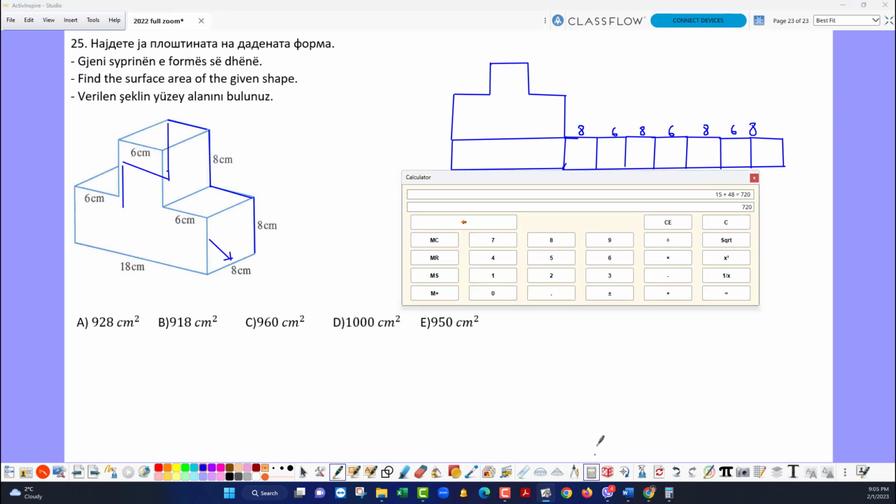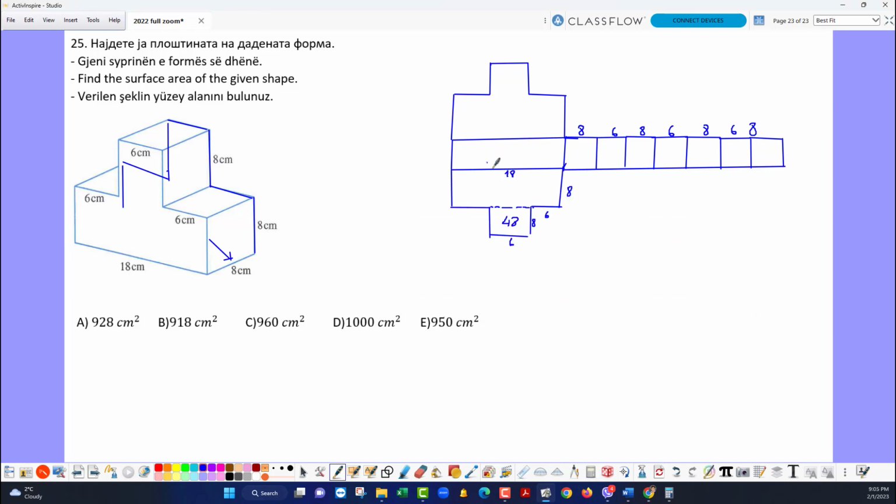I'm going to use the calculator to do the operations quickly. 18 times 8 is equal to 144, because I lost too much time solving these questions and explanations at the beginning. So this is 144. This part is also 48, and this is 144, because they are identical, they are opposite to each other.